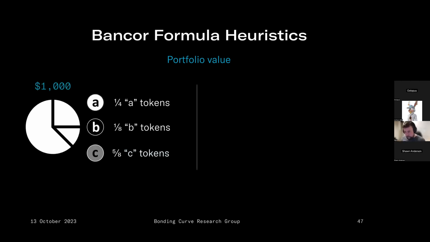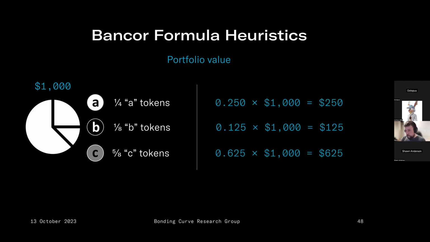Now, let's say that we know something about that portfolio already, either because we've interrogated it or someone's just told us, it doesn't really matter. Let's just say that the portfolio is known to be worth $1,000. The important thing here, the real take-home message from all 3 of the lectures that we're going to be discussing, is that we're trying to say something not about how many tokens there are, but what they're worth.